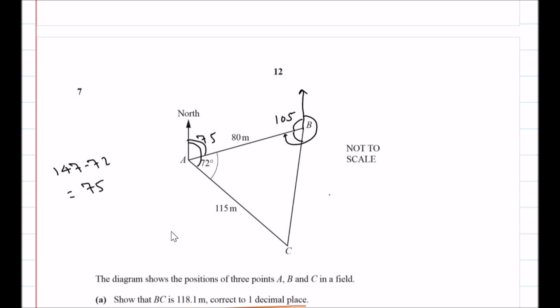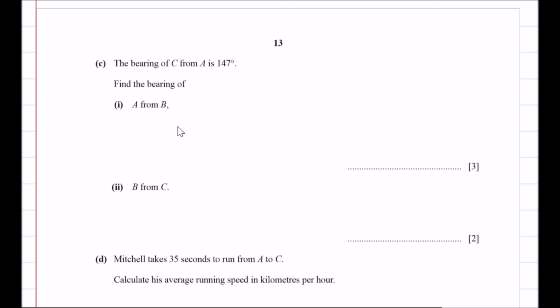Got it? Now we have to find A from B, that means this angle. So 360 minus 105 will give us 255 degrees. 255 degrees. Okay.